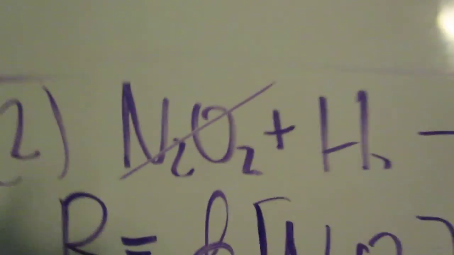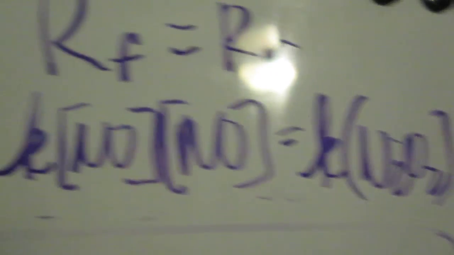In the first equation, you created N2O2 by adding 2 NOs. So the reaction forward equals the reaction in reverse. So k times NO squared equals the same thing as k times N2O2, and so you can substitute it in.